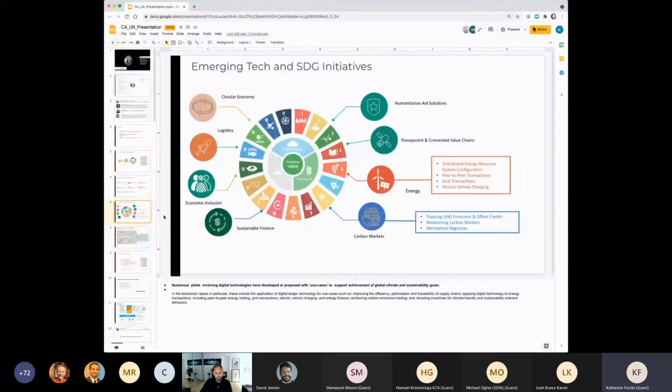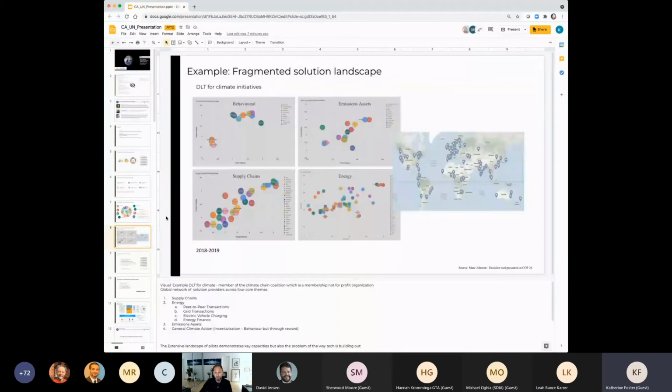And the application of digital ledger technology or blockchain for use cases has particularly been held up. And in the Climate Chain Coalition, for example, which is a collaborative membership organization, here we also see hundreds of members working on specific pilots and initiatives, but they're not scaling to the extent they could or should be. And instead, what we're seeing is this fragmented solution landscape internationally, as well as in terms of the actual initiatives.